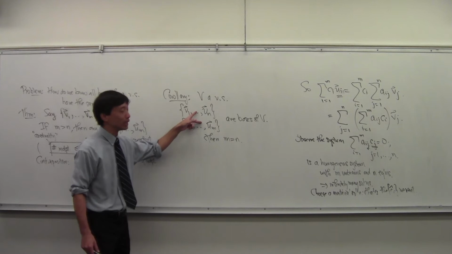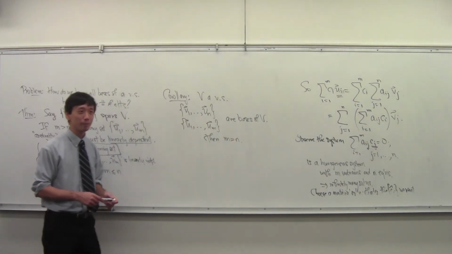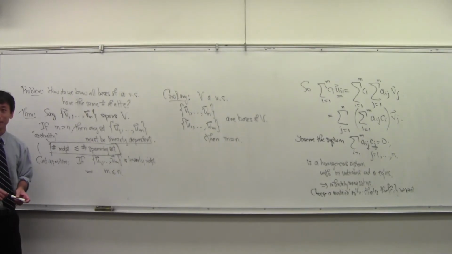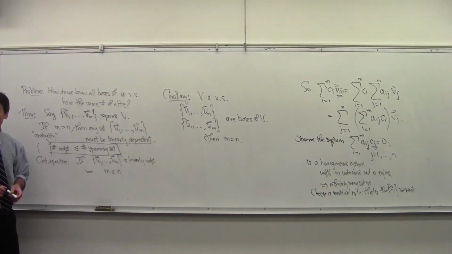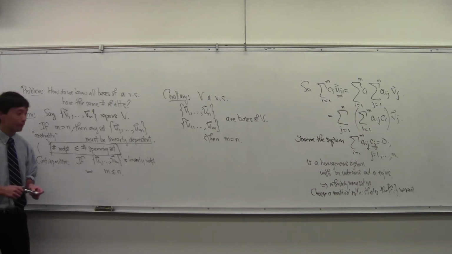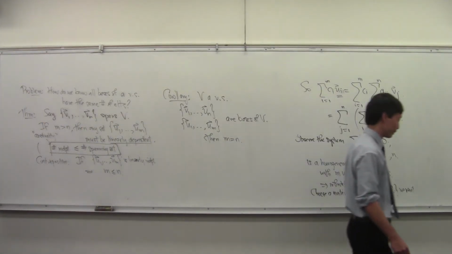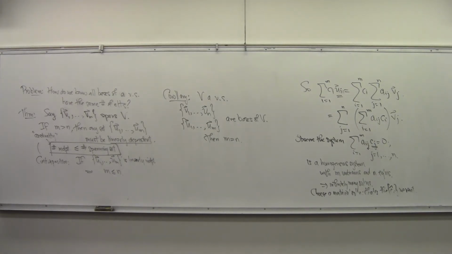Why does that imply that if you have two bases, they must have the same cardinality? You can definitely do it.